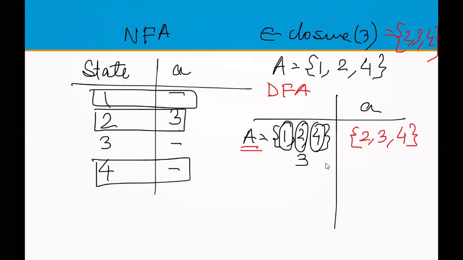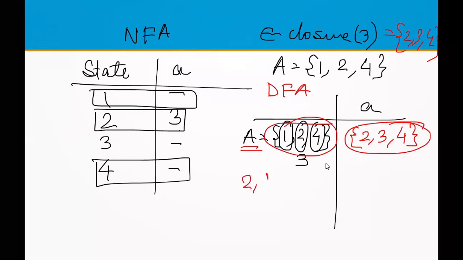Okay, so I have this. Now in my DFA table, I have got one state, that is 1, 2, 4, and I have got another state here called 2, 3, 4. So this is a new state which has appeared. So next step, I will find the transition on 2, 3, and 4.